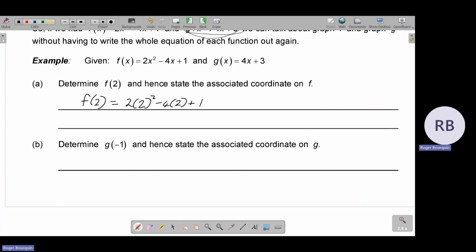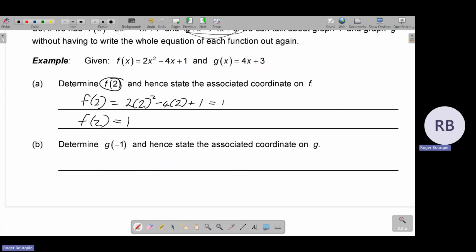Right, so guys, what does f of 2 mean? f of 2 just means go and replace every x with 2, right? So you get 8 minus 8 plus 1, am I right? Which is 1. So guys, you need to understand this. We worked out that f of 2 is equal to 1. If I tell you that, what does it tell you about a graph? What's the point on that graph?